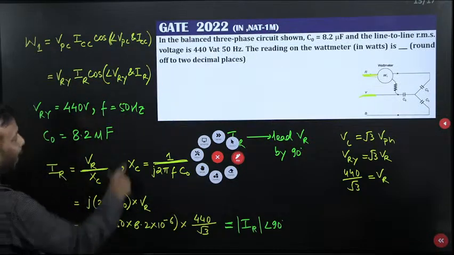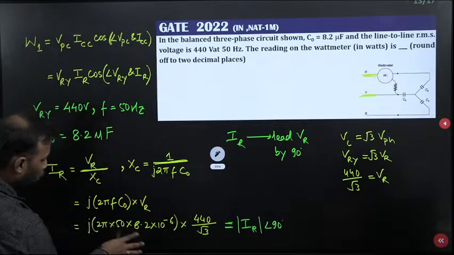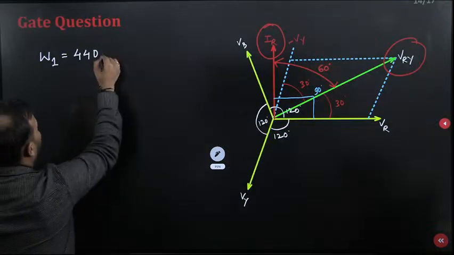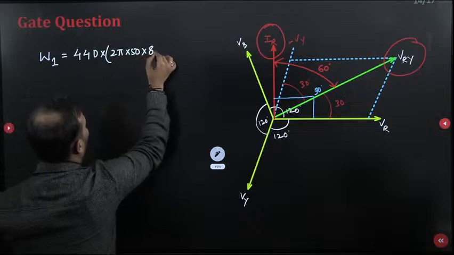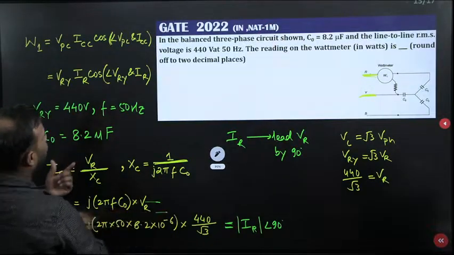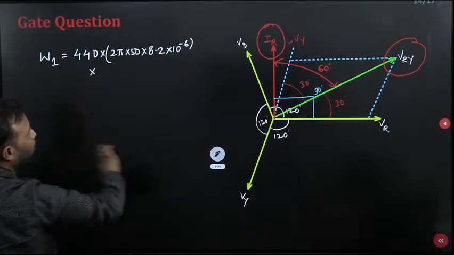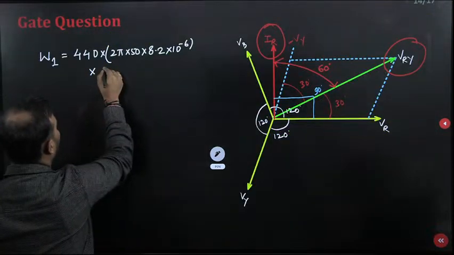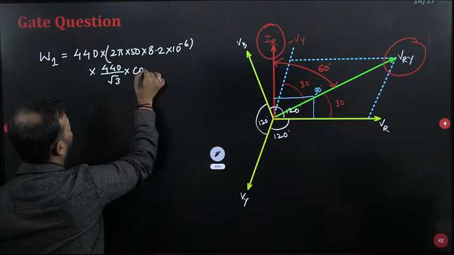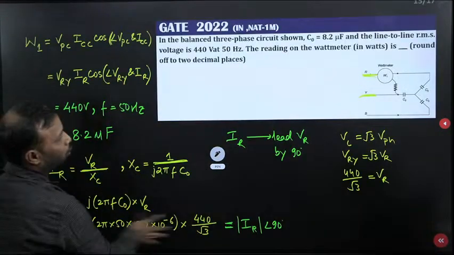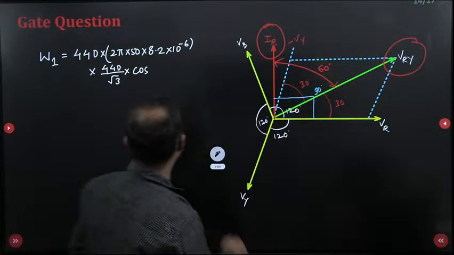IR is 2 pi into 50 into C naught, which is 8.2 microfarad into 10 to the power minus 6, into 440 by root 3, and cos of the angle between those two, which we found to be 60 degree.